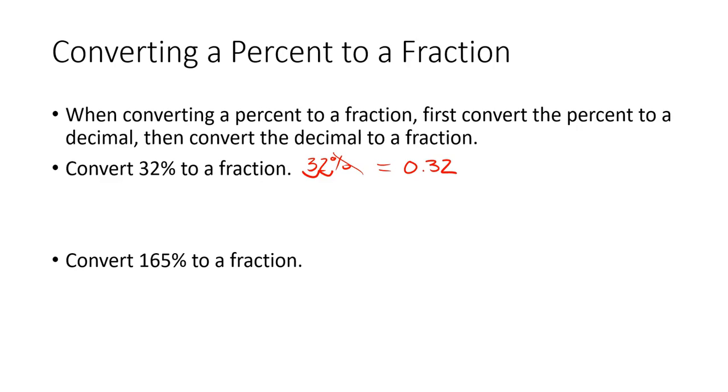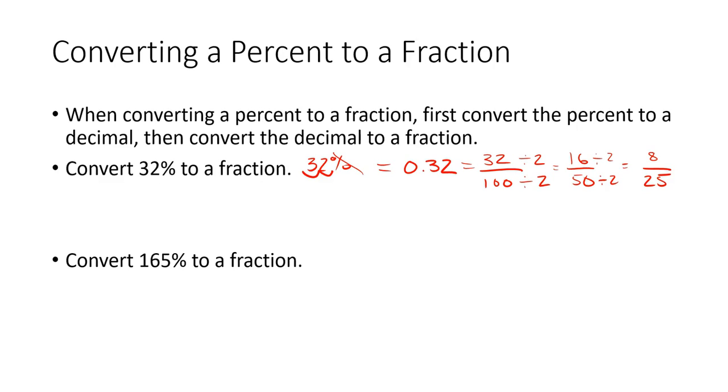And then going back to the very first thing we did, if we want to convert this to a fraction, this is 32 over 100. We can reduce this fraction. Here they're both at least divisible by 2. We find we have 16 and 50, still divisible by 2. And so the reduced form is going to be 8 over 25.